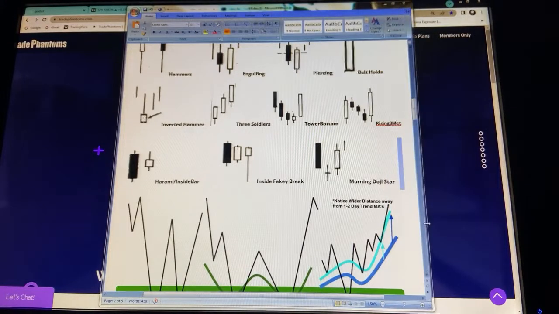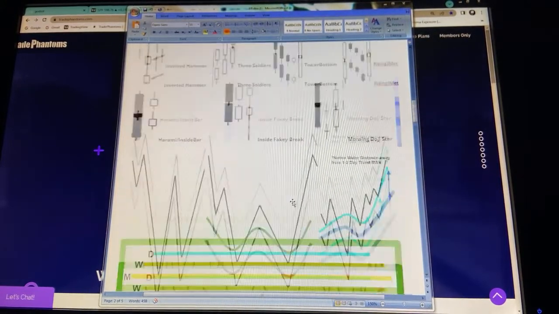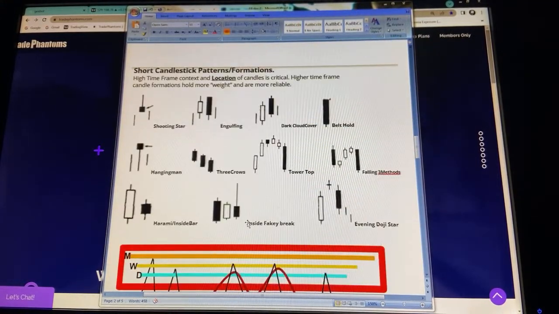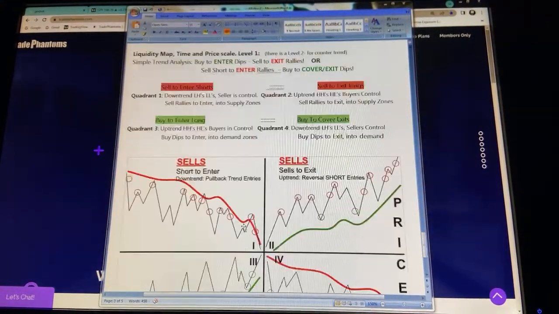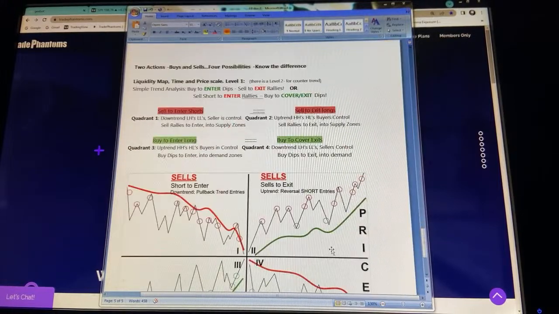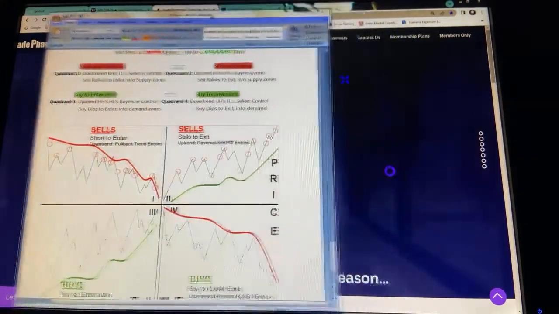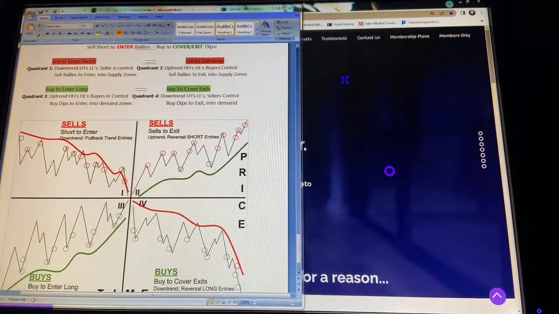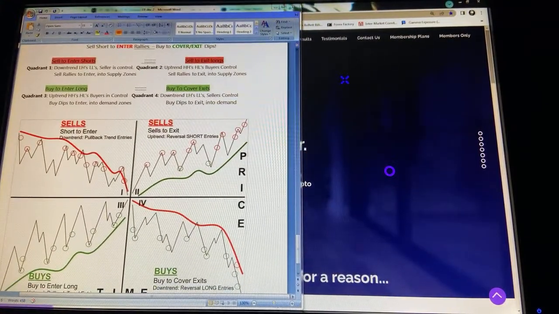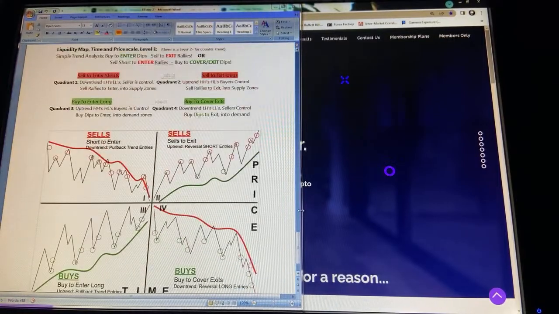Super important, the price action. Location of where these are located is most important. Bearish here, same thing, location being the most important. And then we have the liquidity map, one of my favorite things to trade here. Being on the right side, knowing what side of the market to be on, who's in control, buyers or sellers, uptrends, downtrends, range condition. So there's your quick little run around.